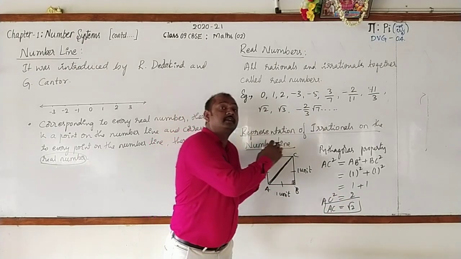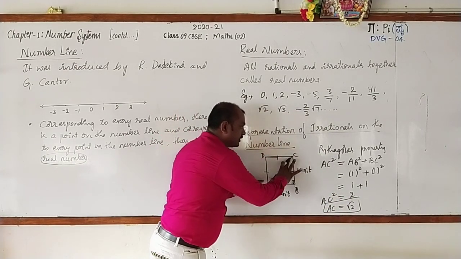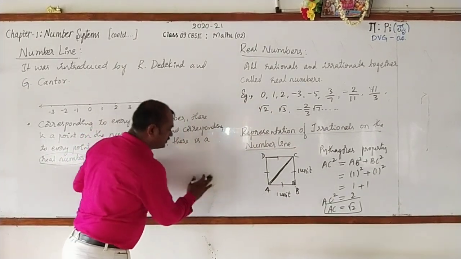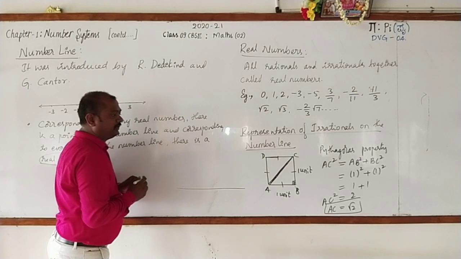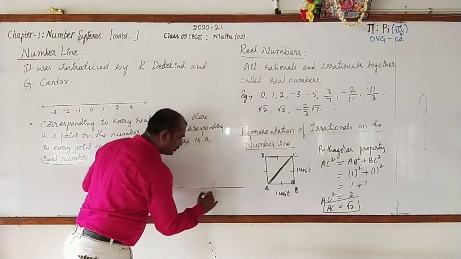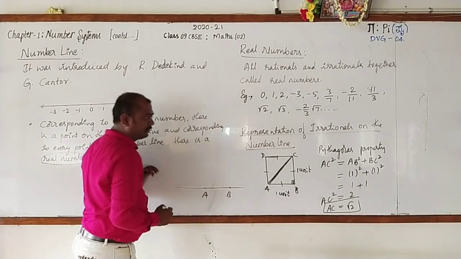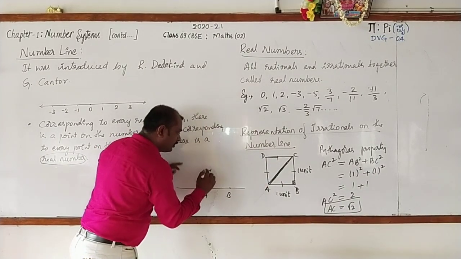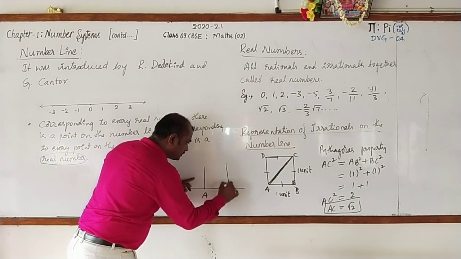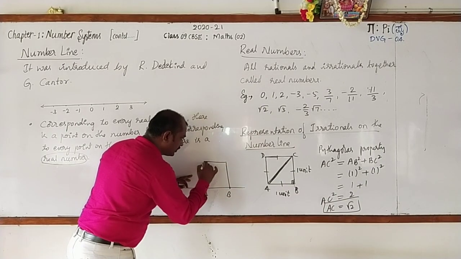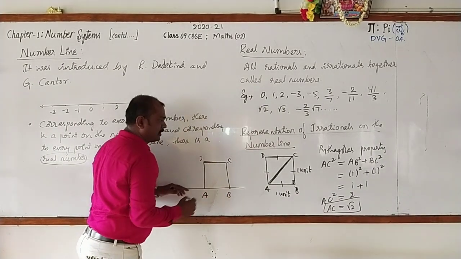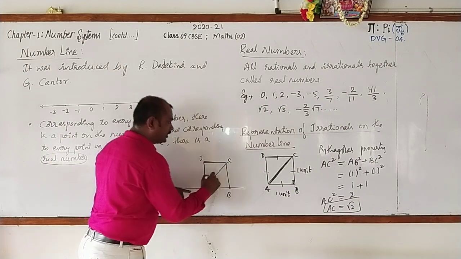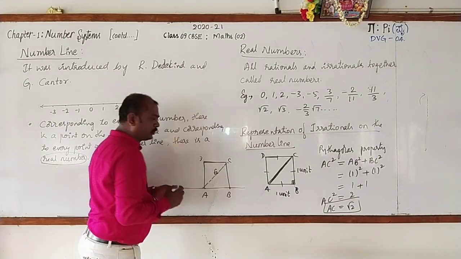The length of AC is root 2. It should be represented on the number line, that is this much length. Now just observe, it is a number line. I am going to take A and B here. Now, I am going to place this square on this, the same square ABCD. We have found that the diagonal is root 2.